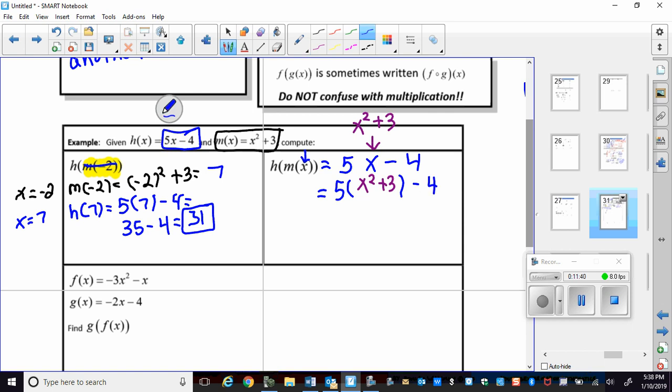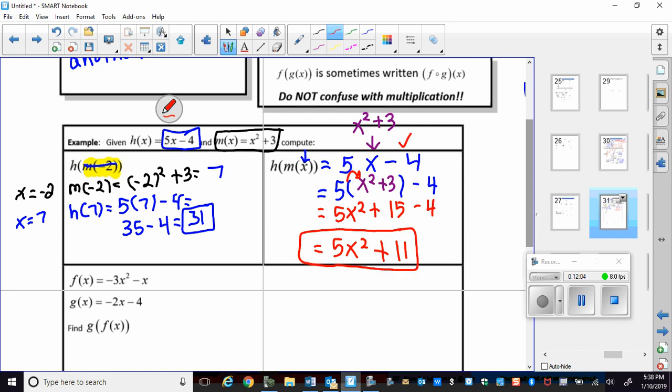Then we distribute the 5. We have 5x squared plus 5 times 3 is 15 minus 4. This equals 5x squared plus 11. I might do this a couple different ways, but typically I'm going to work it this way. Okay?